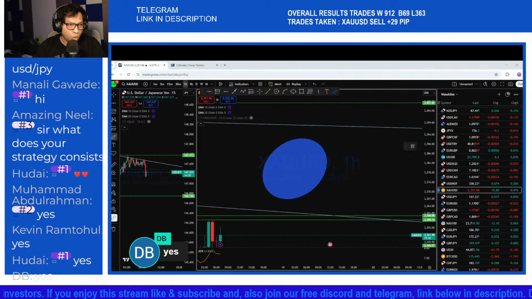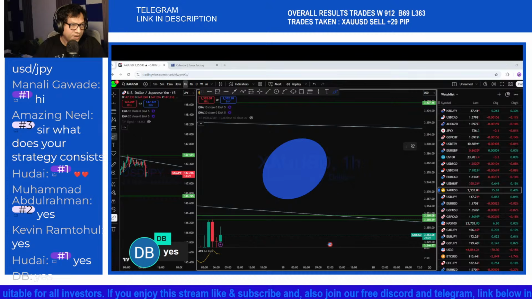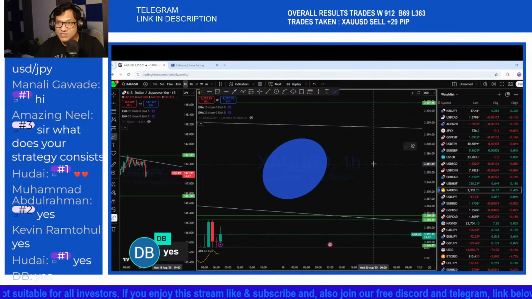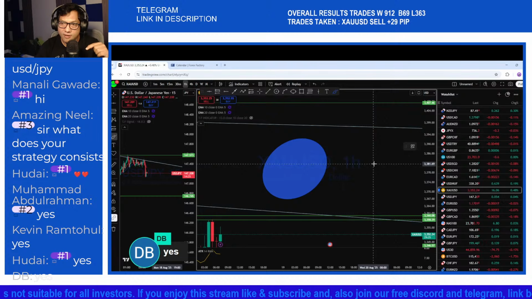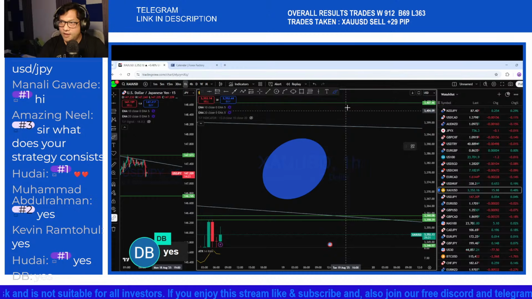That is where many traders find it very difficult to adjust to that system. But once you understand that, you can easily do that. Let's understand how it works.